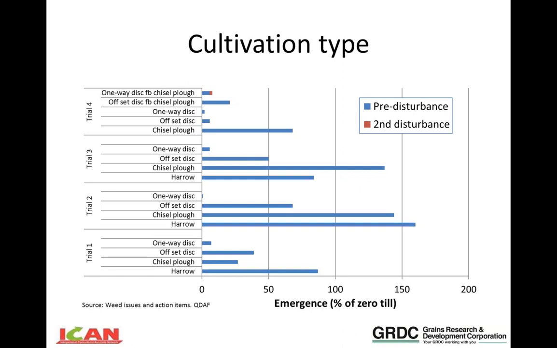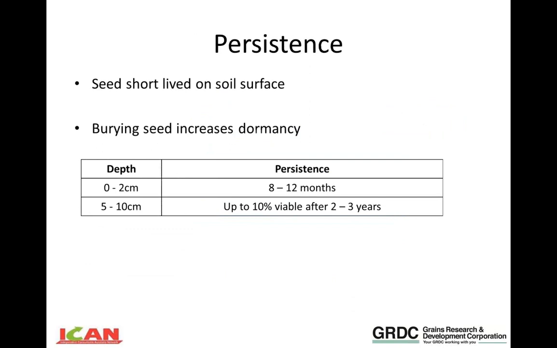And we did find coming back with the chisel plough after the one-way disc did result in a secondary flush of emergence. And that's purely because some of that buried seed had been brought back towards the soil surface where the environment is favourable for emergence. So we might move to the next slide, please, Erica.